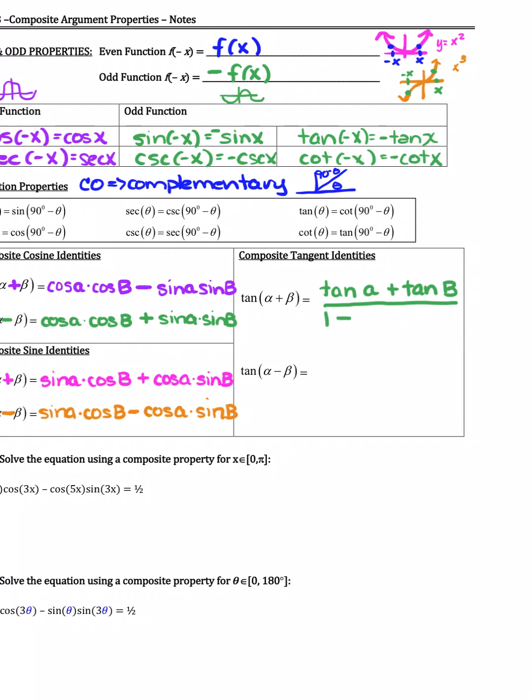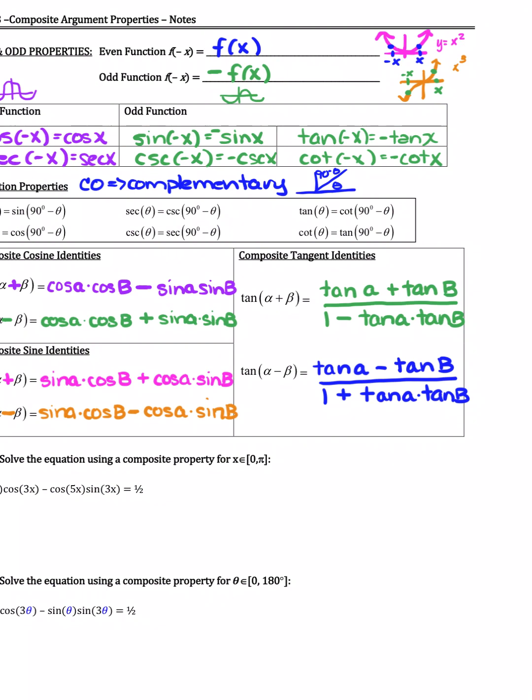So if on top was plus, this will be a minus. Tangent A times tangent B. And for tangent A minus B, again, you start off as if you had distributed, so it looks the same with that same sign, but on the bottom, it's 1 plus, because the numerator and denominator will have opposite signs.